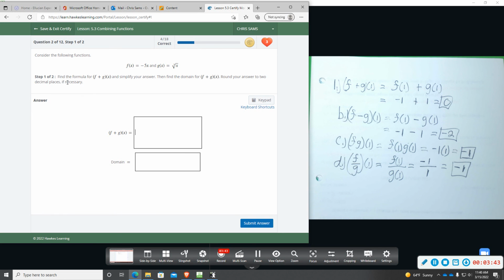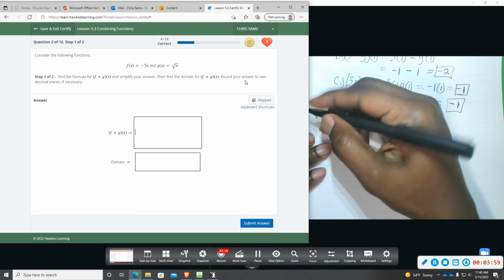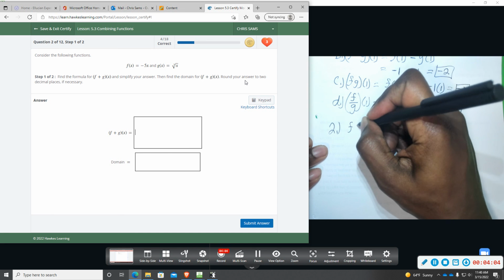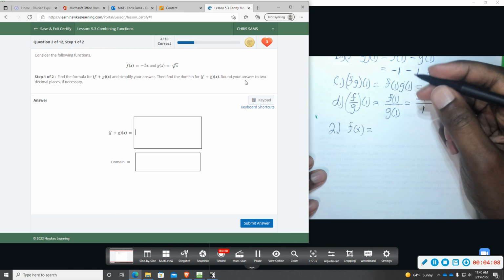All right, now number 2, we want to find the formula for f plus g of x. And then we're going to simplify our answer, and then we're going to find the domain. Okay. So, for number 2, we're given that f of x equals -5x.